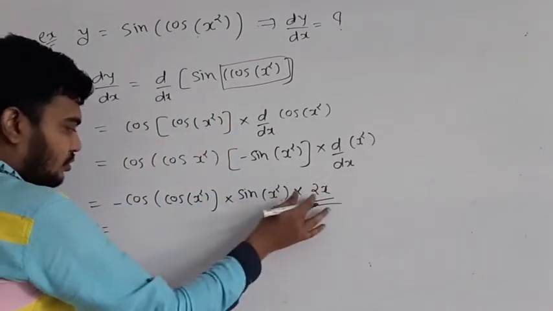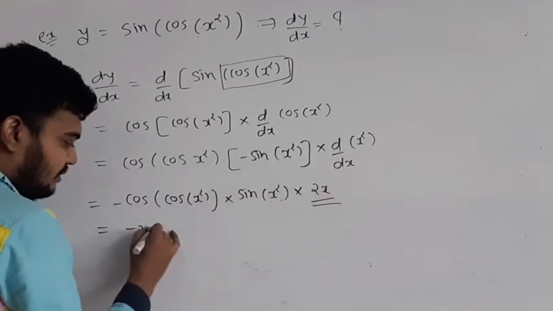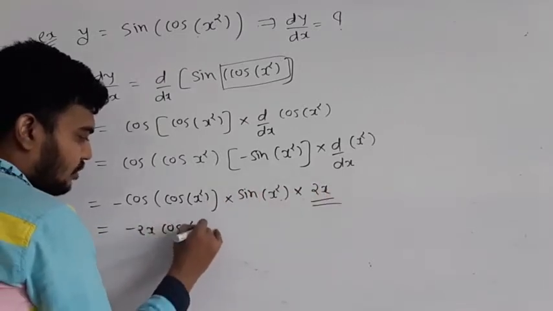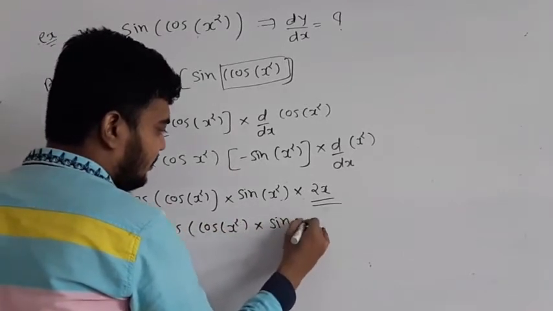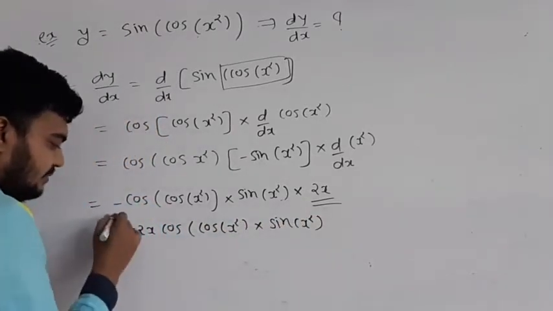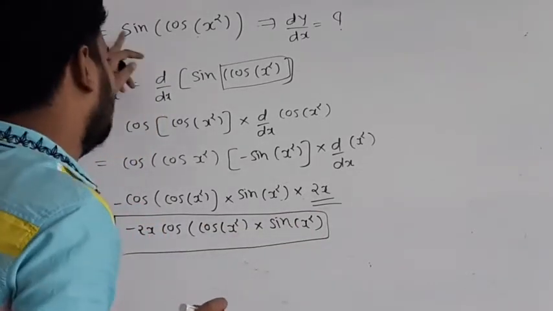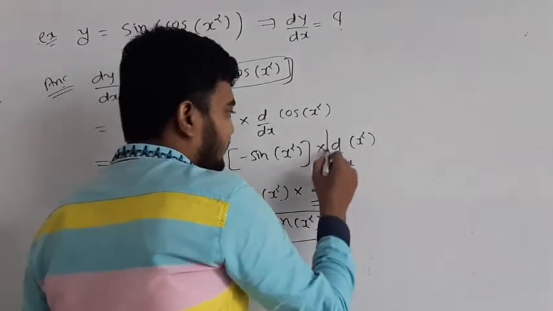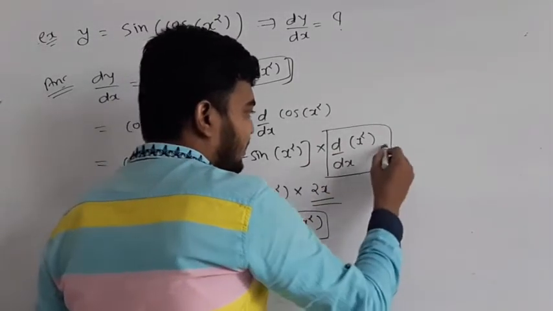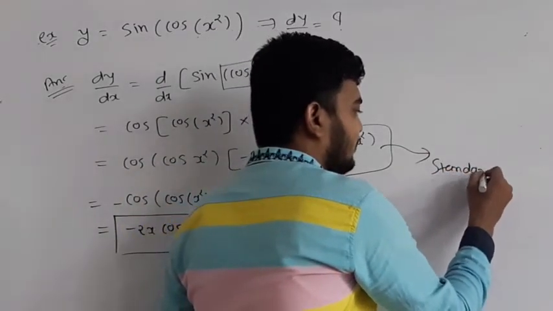So taking these two first, then minus 2x cos of x square times sine of x square. It is the derivative of y equals sine of cos of x square. We know that in chain rule the last derivative is always a standard formula.